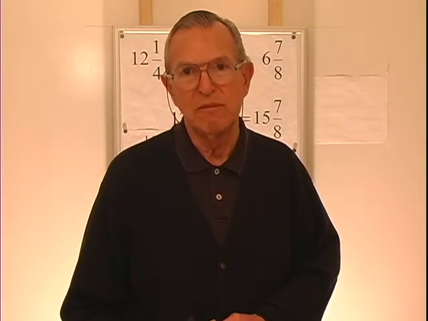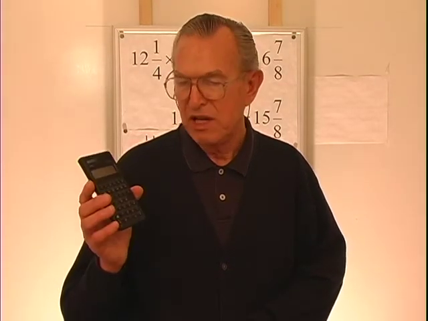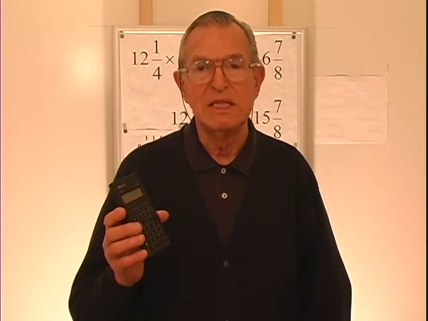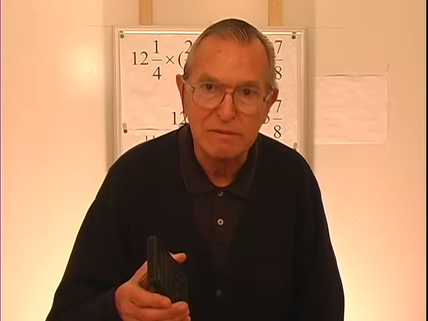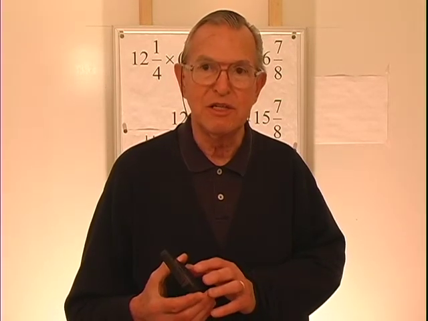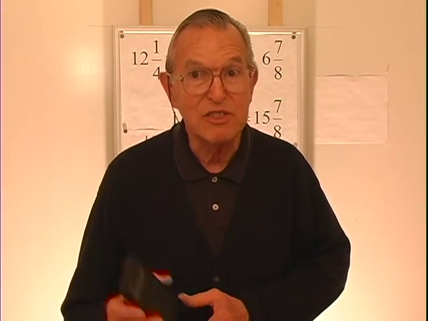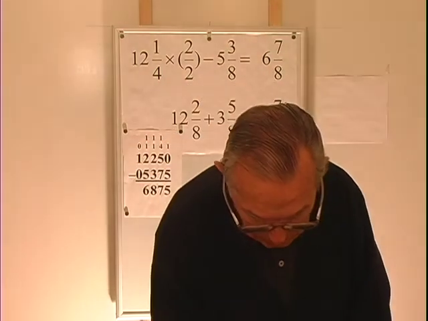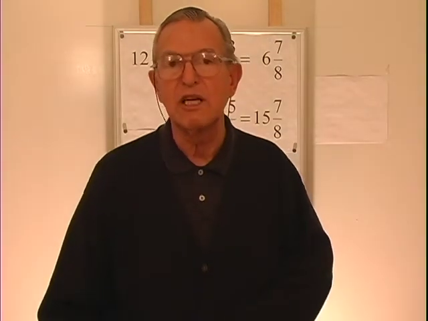And where did it come from? This handheld calculator, and every handheld calculator on the planet, and every computer on the planet does subtraction by addition, and has done it that way since their inception. And we can turn the special case into the general case.